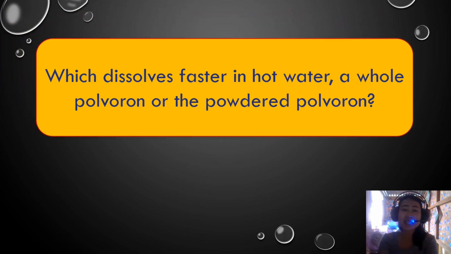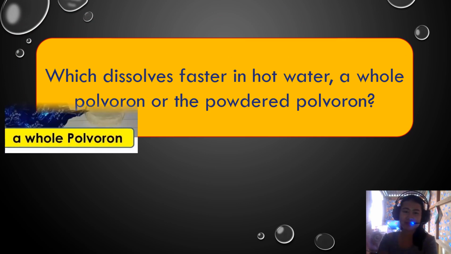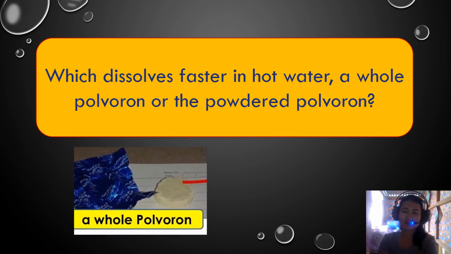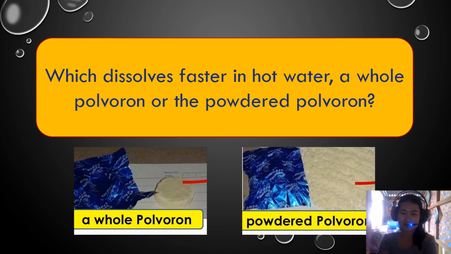Okay, let's read again the problem. Which dissolves faster in hot water, a whole polvoron or the powdered polvoron? Try to observe the image of a whole polvoron and powdered polvoron.